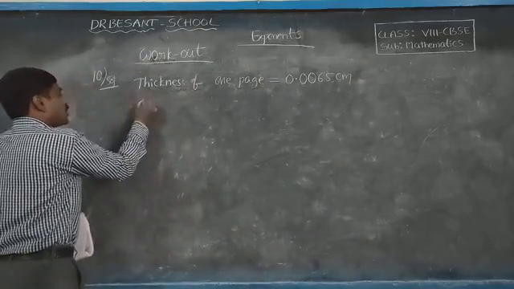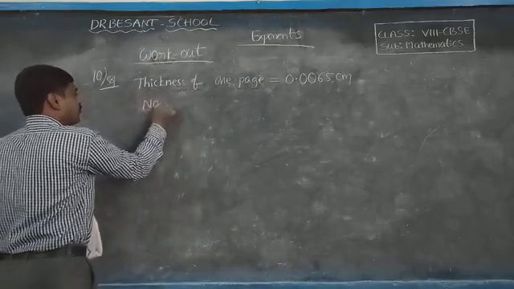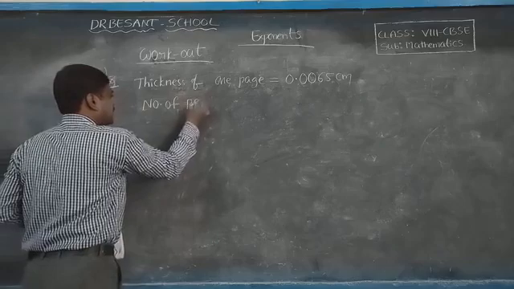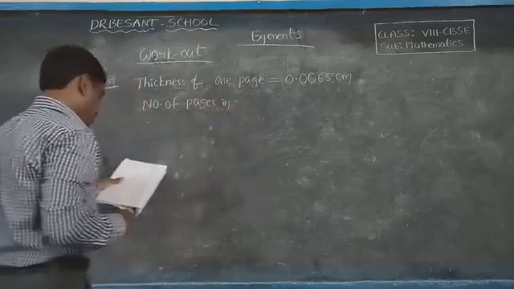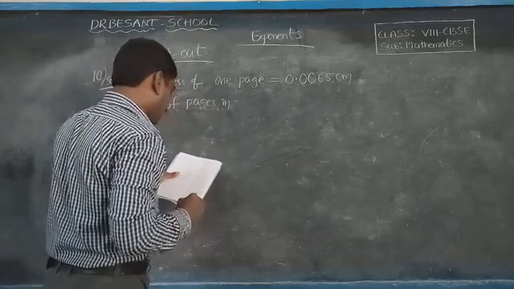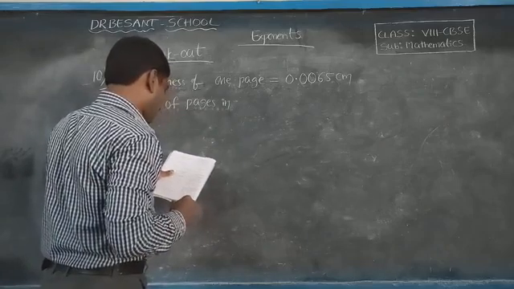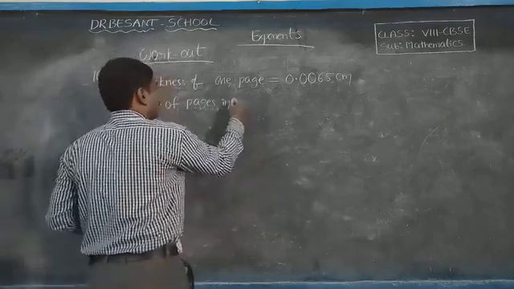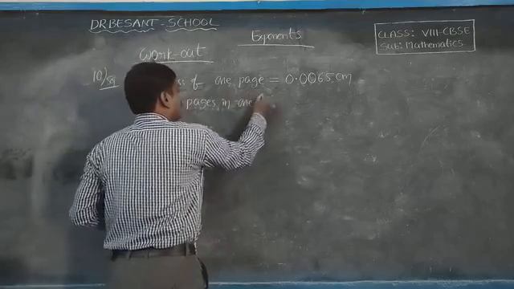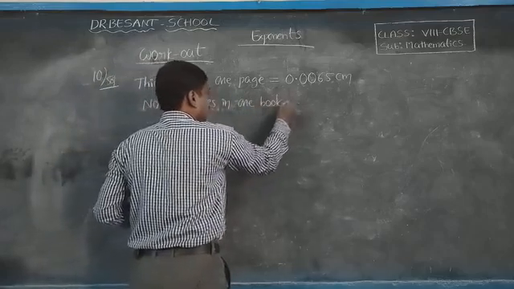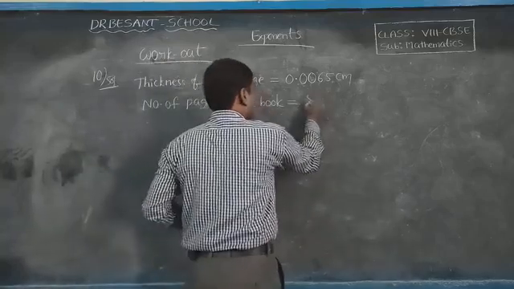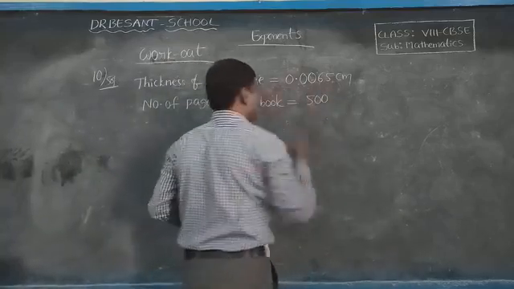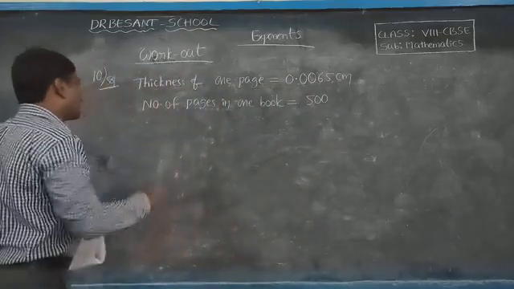Next, number of pages in one copy, one book, that is equal to 500 pages.